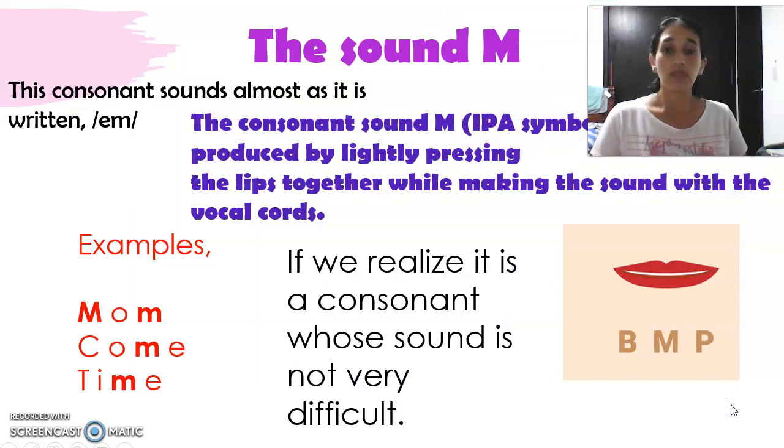Okay. The sound M. This consonant sounds almost as it is written, /m/. The consonant sound M, IPA symbol /m/, is produced by lightly pressing the lips together while making the sound with the vocal cords.